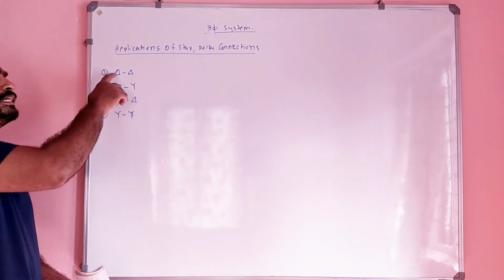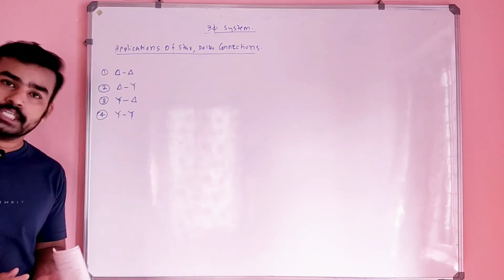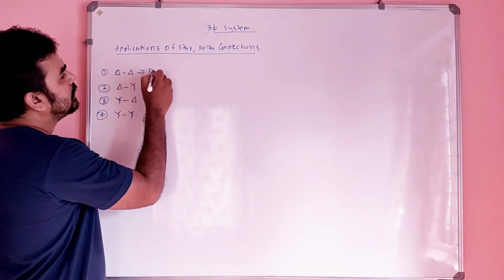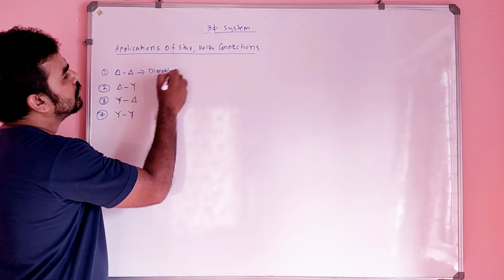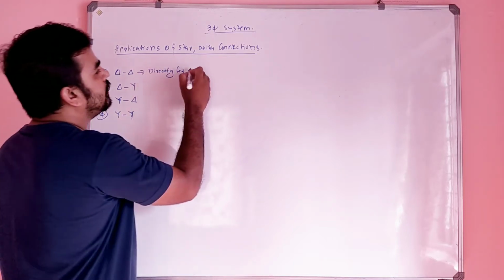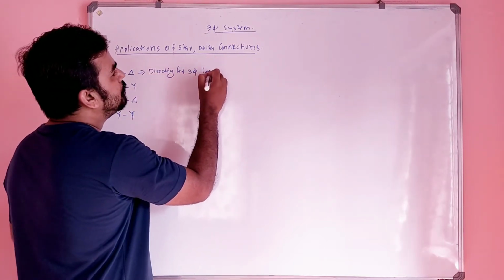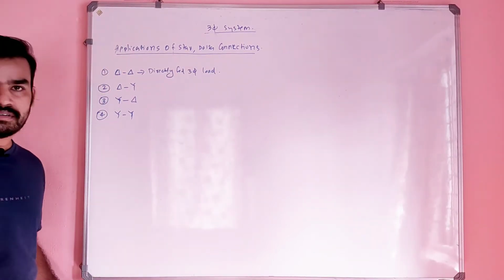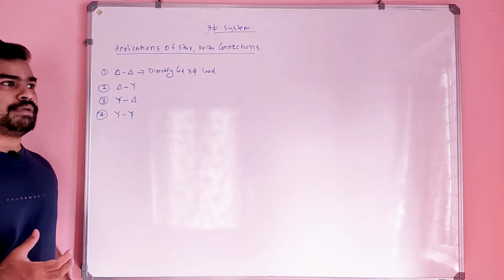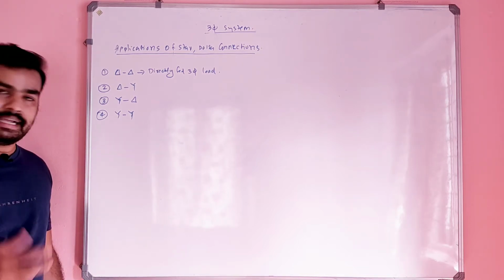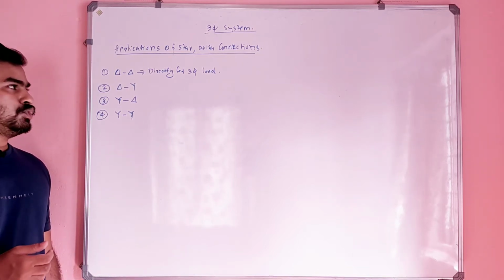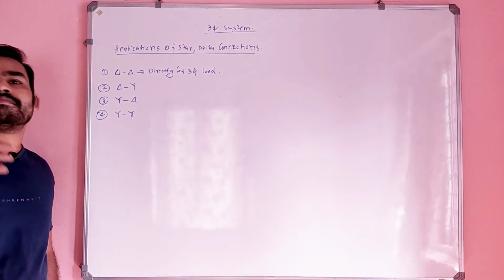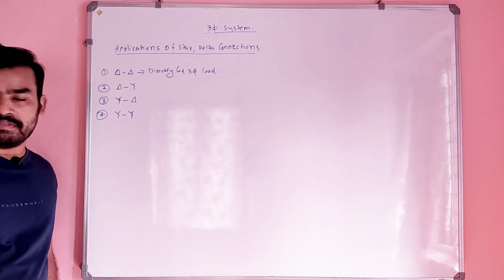Okay. Delta to delta is used in the situation where you can directly feed a three phase load. Say it may be a 3-phase rheostat, which is also a load. If you have a 3-phase load in your hand, you have to connect it to some source, then only that load will absorb some current.